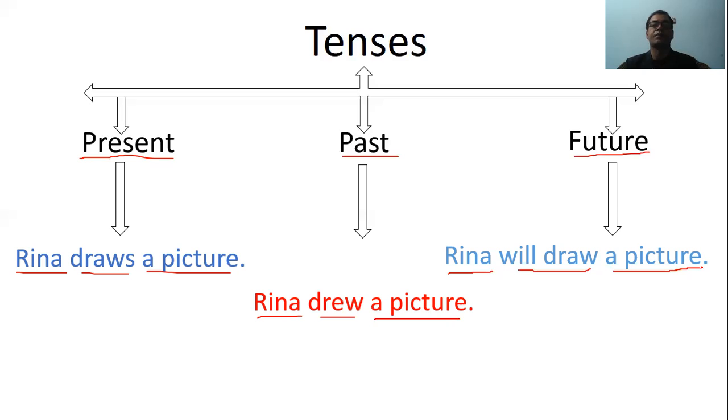In every example we see here 3 parts: subject, verb and object. So we will know in detail in the next part, dear learners.